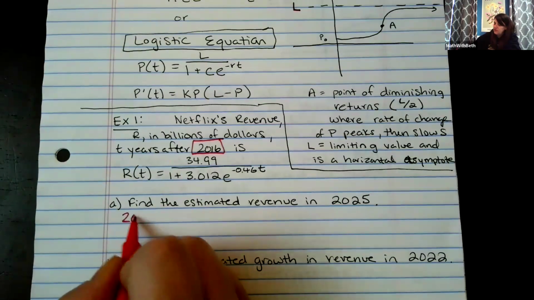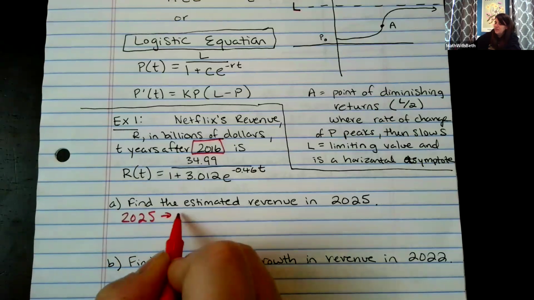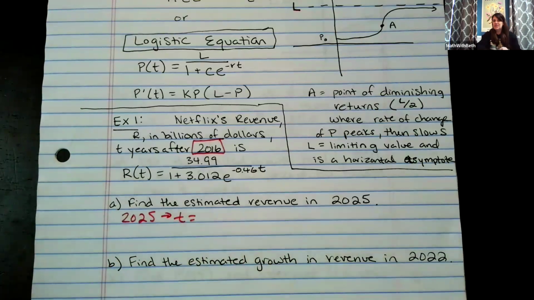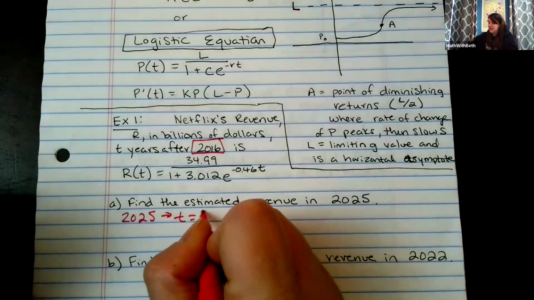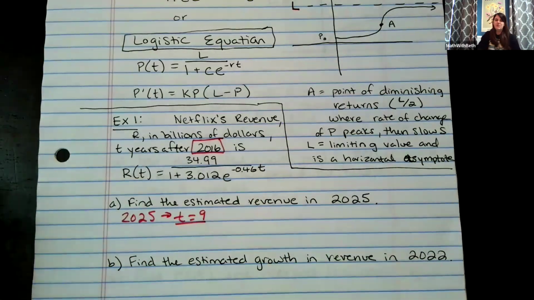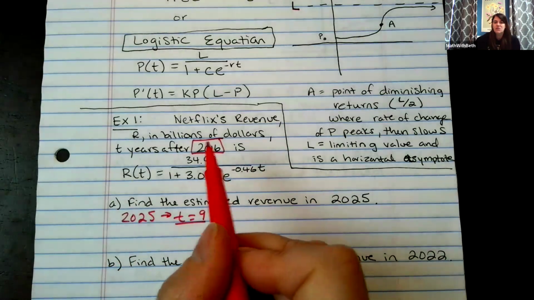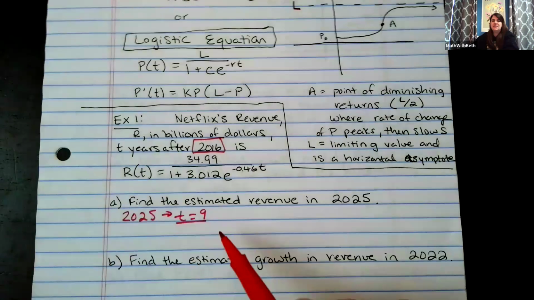First, we need to think about what that really means, because it's not that our t is 2025. It's 2025 minus 2016, because that's how many years it has been. So when they give you a year, figure out what the t actually is by subtracting the starting year. So in this case, t is 9.